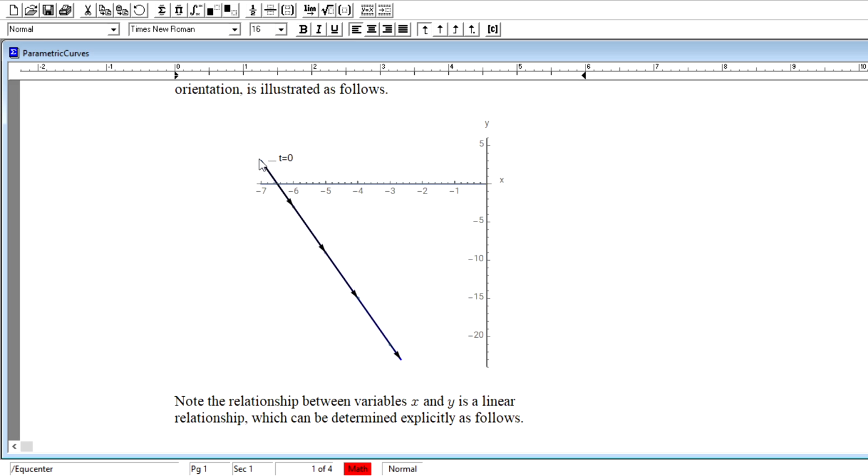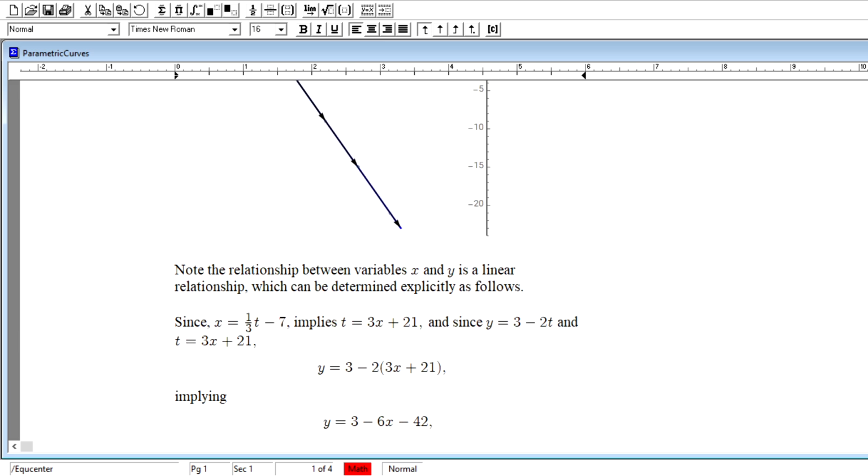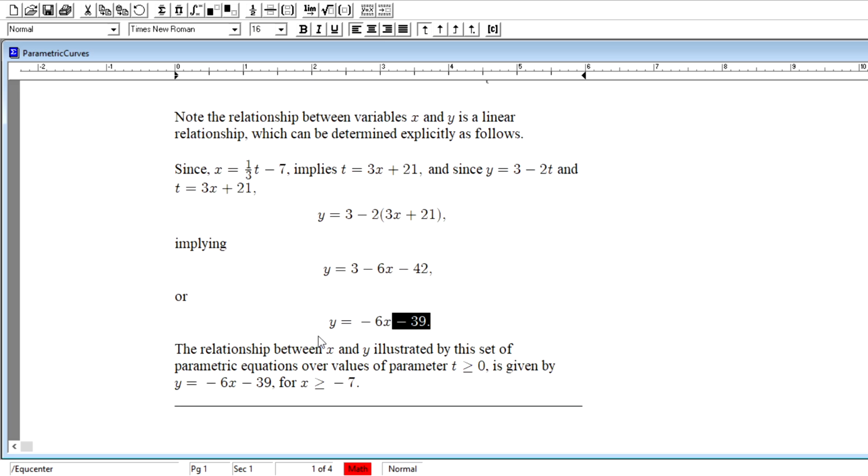And we do see that happening. We drop 6 and run 1, drop 6 and run 1 as the consistent slope of this linear equation. So the relationship between y and x is going to match up here with y equals negative 6x minus 39, but it's not for this entire line.